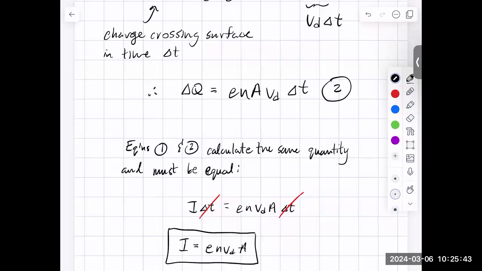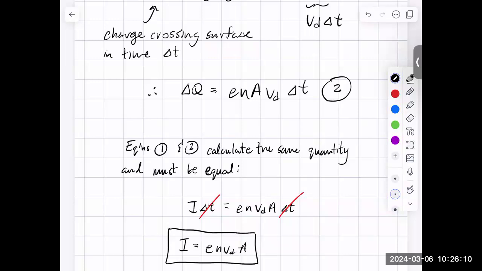And in fact, if this cross-sectional area is a circle, then this is proportional to the radius squared or the diameter squared. And that's exactly what you saw in lab number 4 when you were measuring these little wires. You measured their resistance, and you saw that the resistance was proportional to 1 over the square of the diameter.